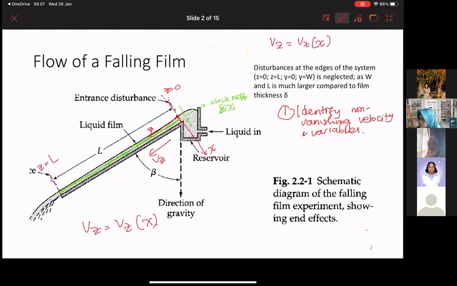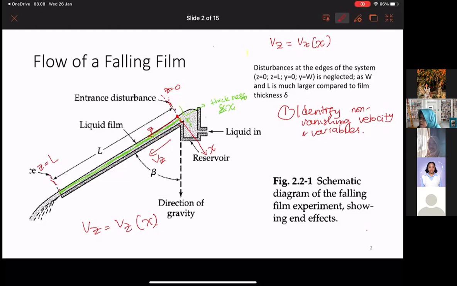So here vz is actually a function of x. That means vz, the velocity in the z direction, only changes if x is changing. For example, around this one on the wall, vz would be equal to 0 because here is the plate. However, around the surface here, vz would have a value.